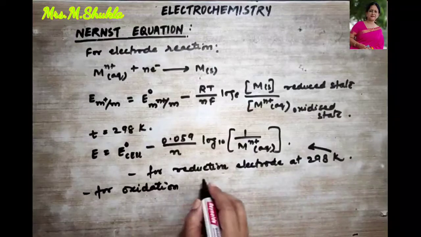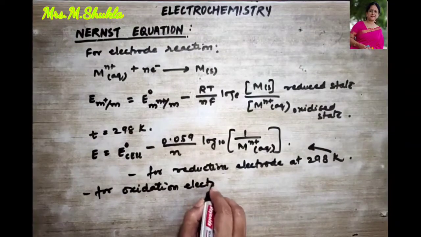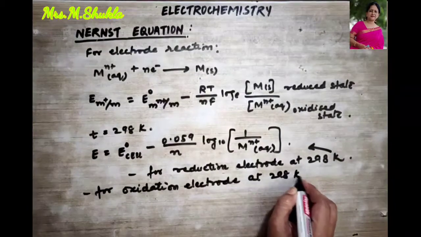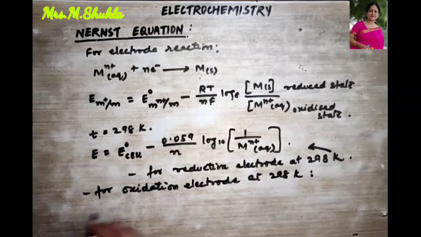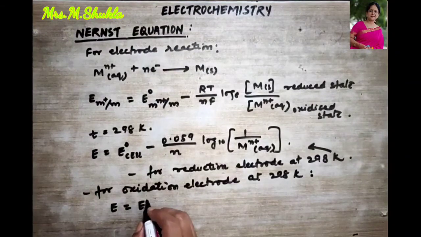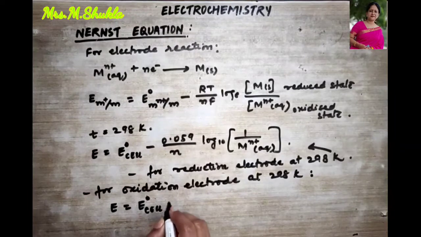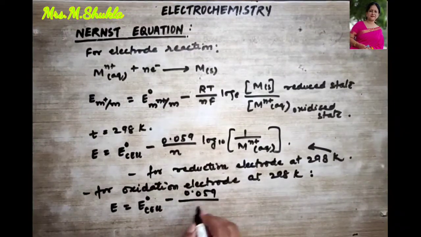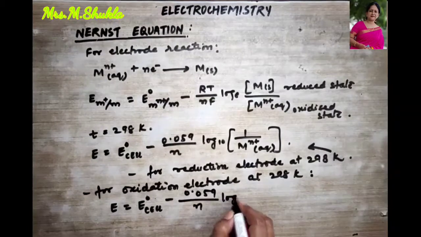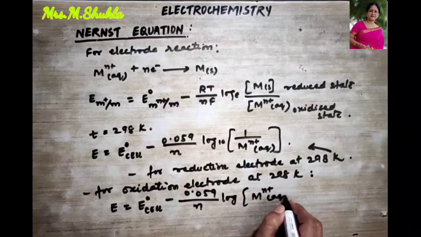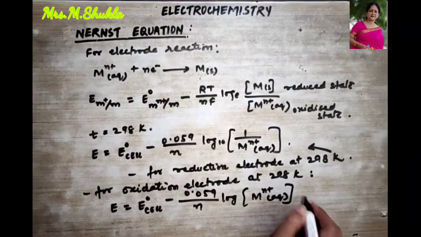Now for oxidation, for an oxidation electrode at 298 Kelvin, the standard electrode potential minus 0.059 upon n log the cation in its aqueous state, right?